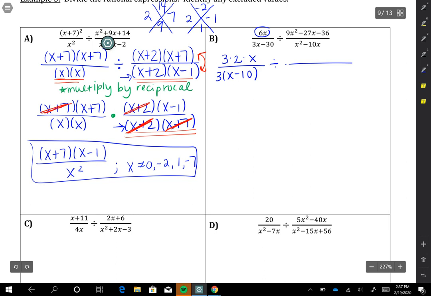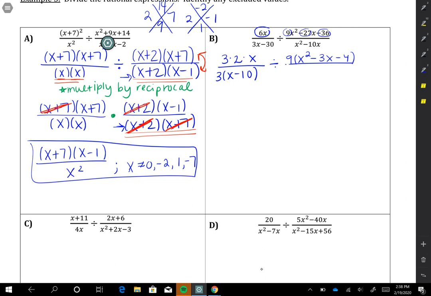in my second fraction, I have 9x squared minus 27x minus 36. I notice that each of these coefficients is divisible by 9. So I should bring a 9 out, and that leaves me with x squared minus 3x minus 4.